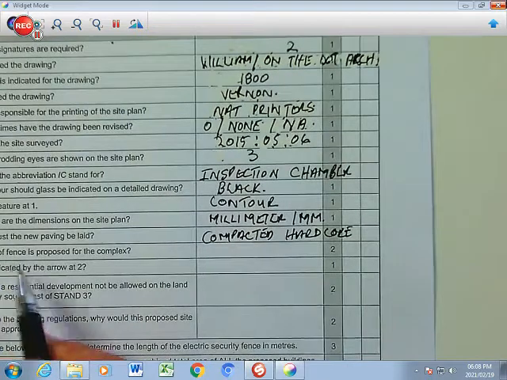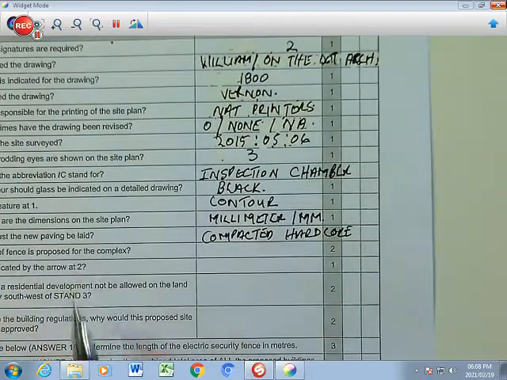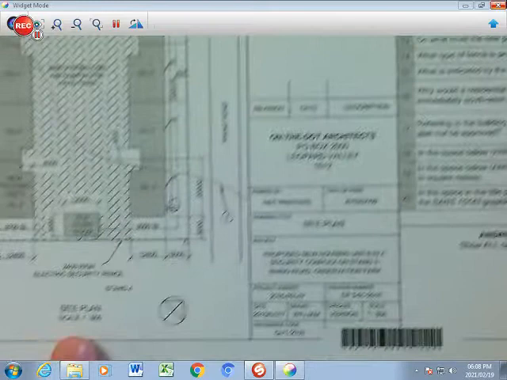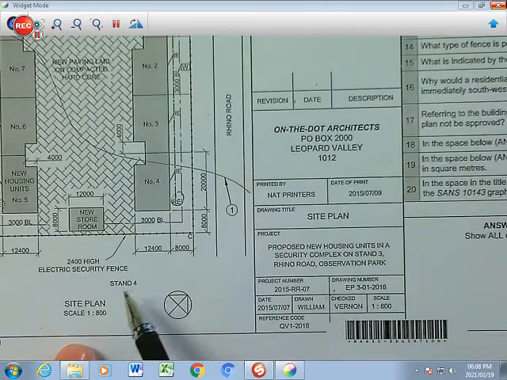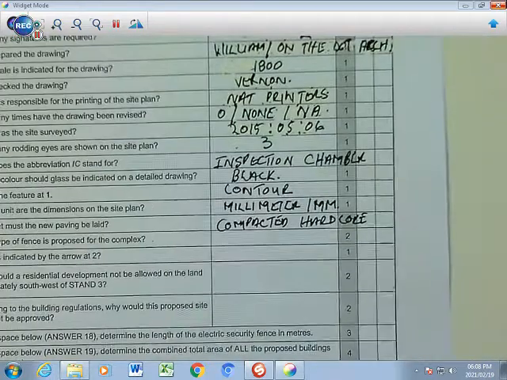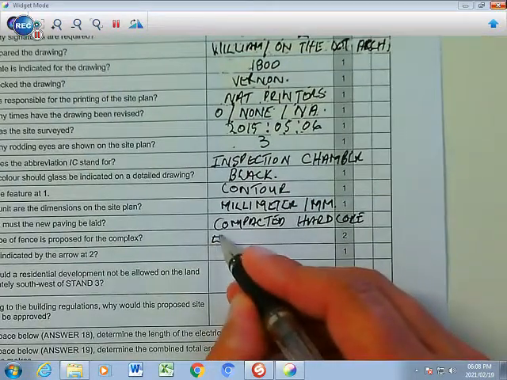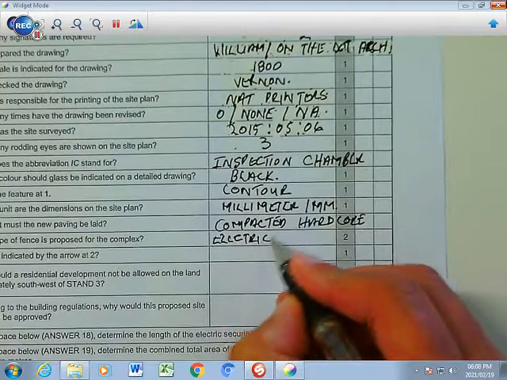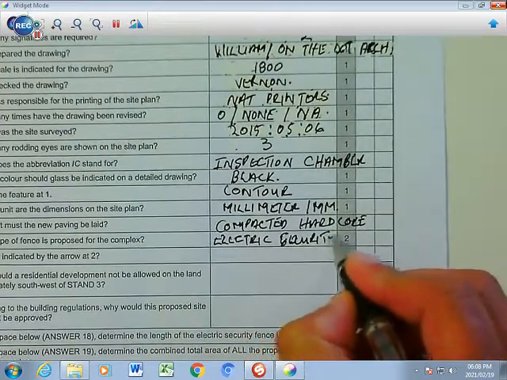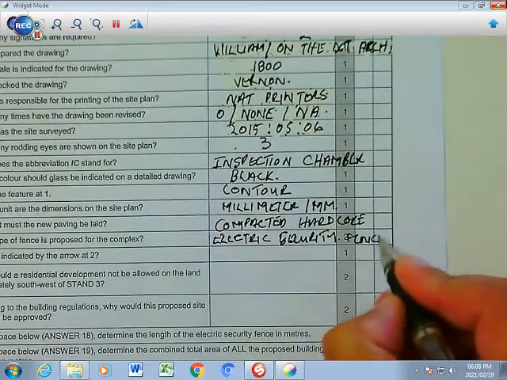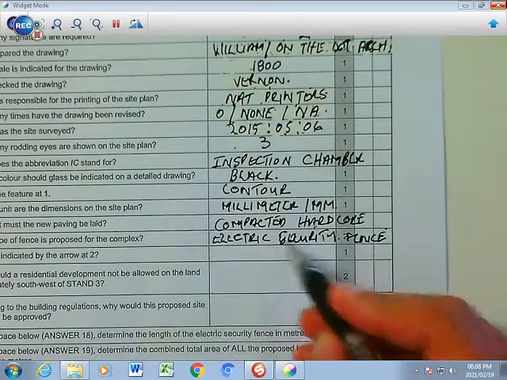What type of fence is proposed for the complex? We go down here and we find that that would be the electric security fence, and we write that as the answer. Electric security fence. Okay.